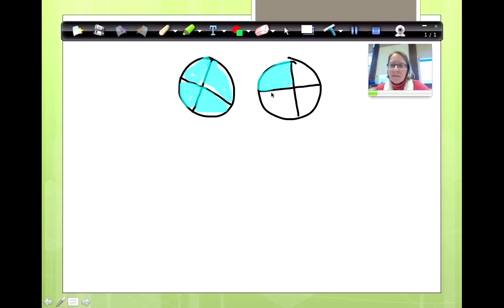So what is the fraction of the things that I ate? Right here, how many fourths do I have? 1, 2, 3, 4. Here I have 4 fourths. Here I have 1/4 that I ate. Well, 4 plus 1, what is 4 plus 1? Well, that's 5, right?